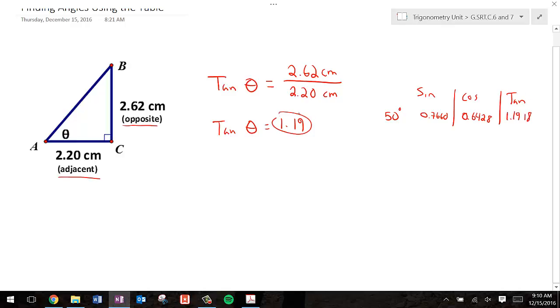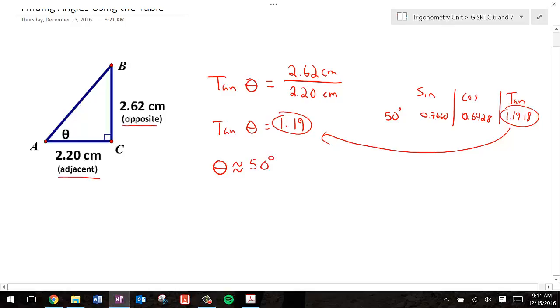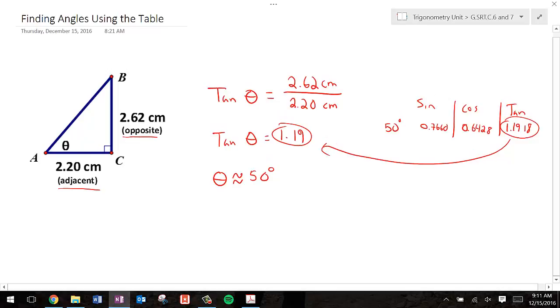If you notice, that matches right here. So that tells me that my actual angle measure, our theta, is approximately 50 degrees using our table. Once I have the actual ratio, I can go to my table and find out what degree measure is associated with that ratio.